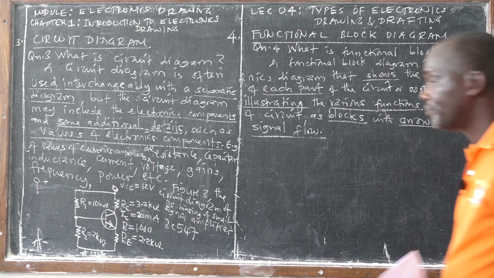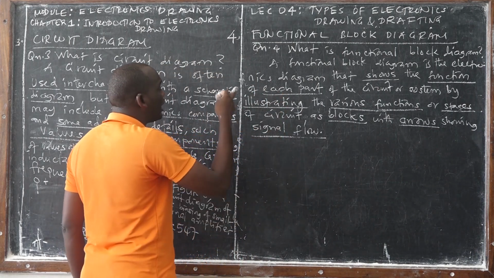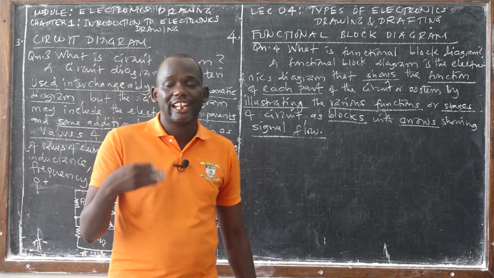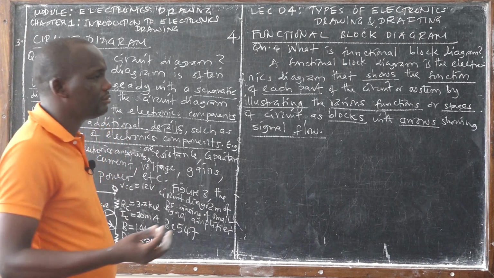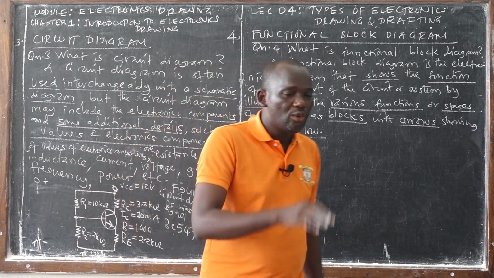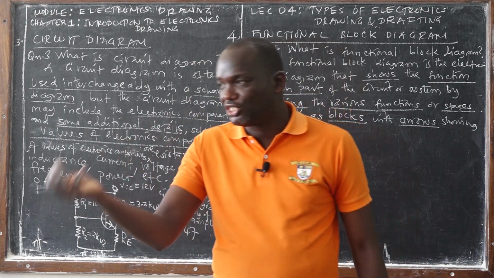Class, are we together? We often find functional block diagrams especially in the electronics data sheet. If you have been taught about a resistor, one of the important things you should know is the data sheet of a resistor.